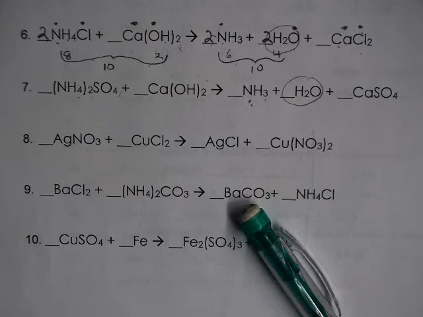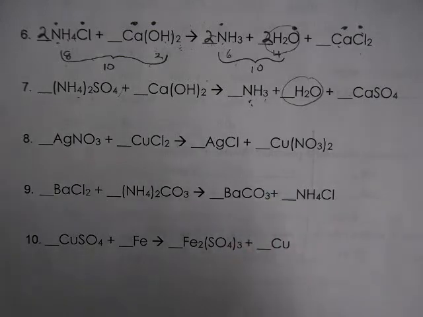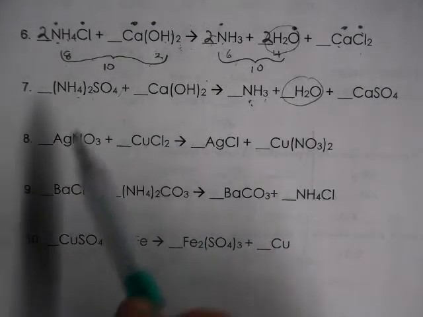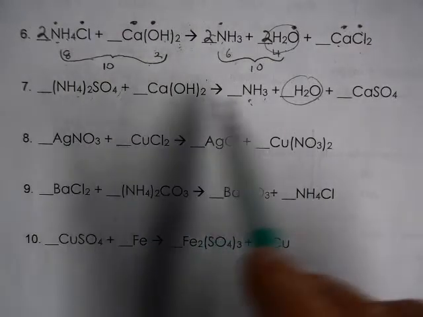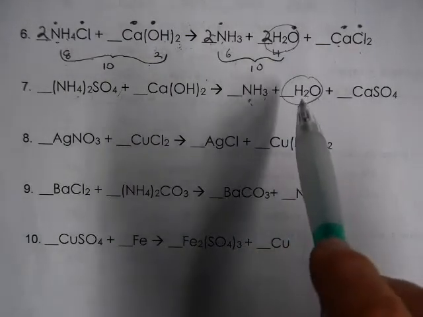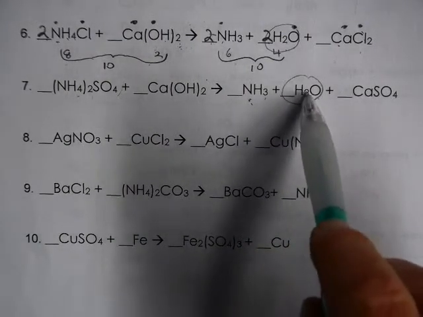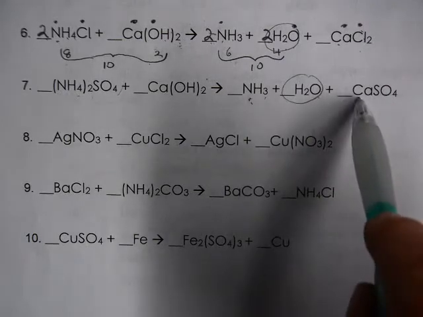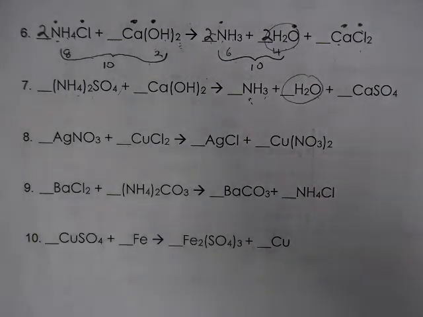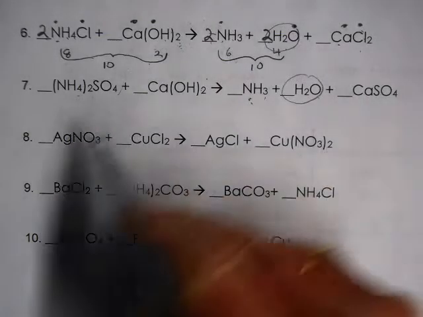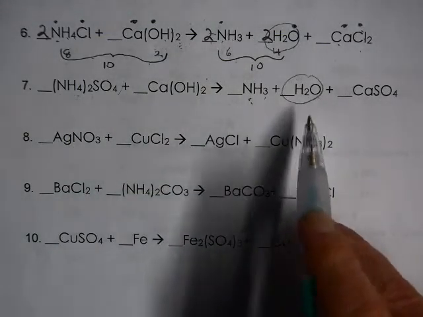So now you have a starting point. The danger is that you go in here and start willy-nilly going back and forth, and I could end up trying to balance oxygens before I even balance the calciums. That would be a mistake. Huge mistake. So what do I know?